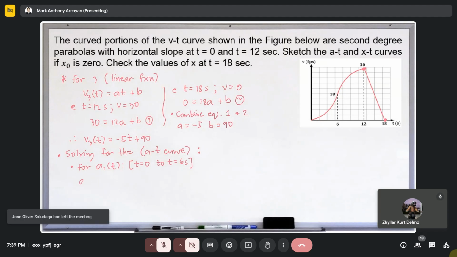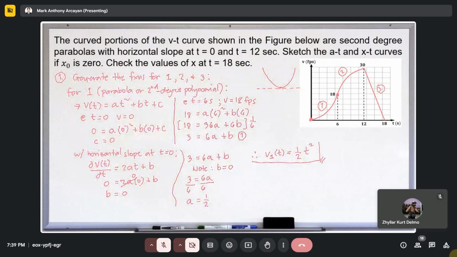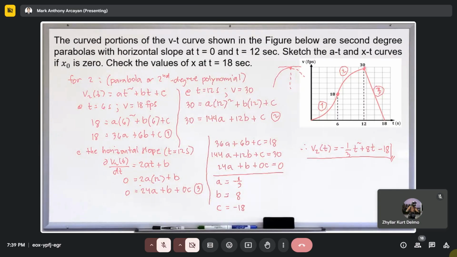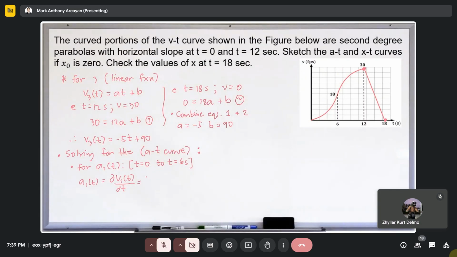We have a sub 1 of t is equals to the derivative of the first velocity function with respect to time. From the previous slide, we have 1/2 t squared. So 1/2 times 2, then t.